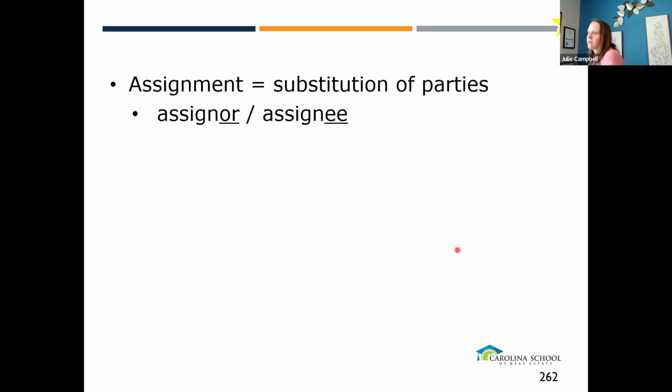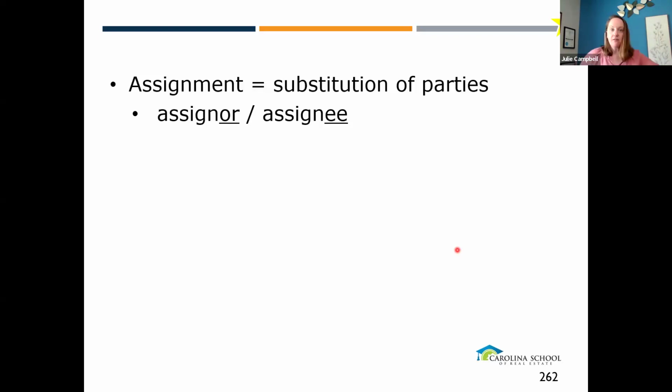With an assignment, generally speaking, and yes, I have taken attendance, so thank you for letting me know you're back. When in doubt, tell me you're back. With an assignment, generally speaking, the only thing that changes is the name of one of the parties. All the terms stay the same. You agree to take my contractual obligation as it is.